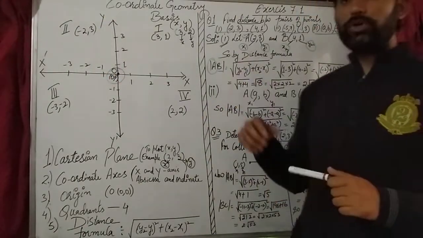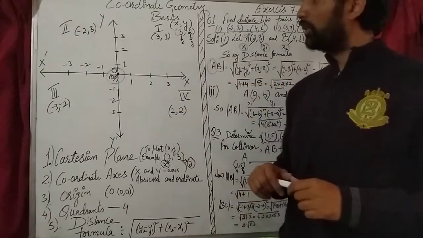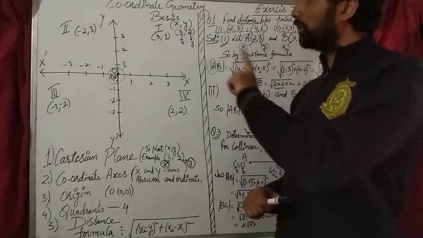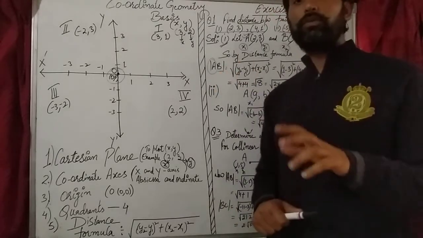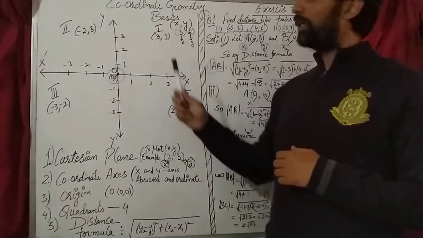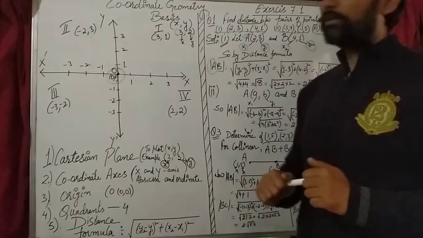Here the signs of the numbers are different in the 4 quadrants. This is very important: a two-dimensional plane is always divided into 4 quadrants. In the first quadrant, x and y both are positive.